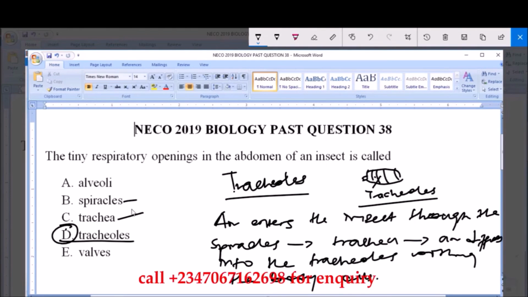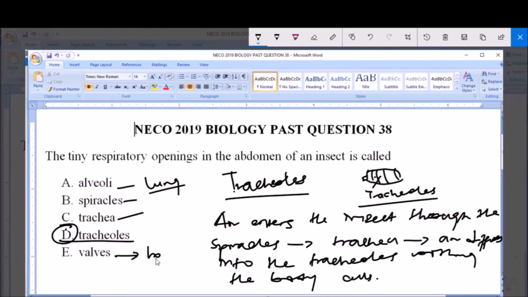The alveolar here is a respiratory organ present in the lungs. You find the alveoli in the lungs, and these valves here are actually found in the heart. You find valves in the heart and blood vessels.